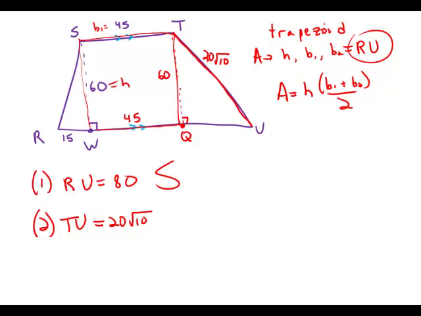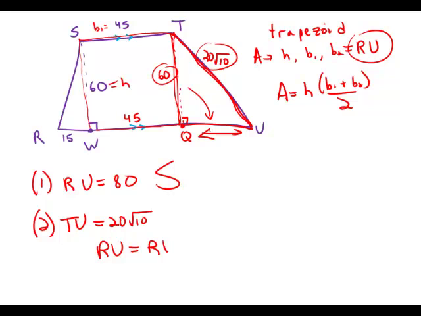Well, then I also have a right triangle, QTU. And in this right triangle, I know the hypotenuse, I know one of the legs, so I could use the Pythagorean theorem. I won't go through the actual steps, but I could use the Pythagorean theorem to find out the length of QU. Well, that's significant because if you notice, RU is made of 3 pieces.